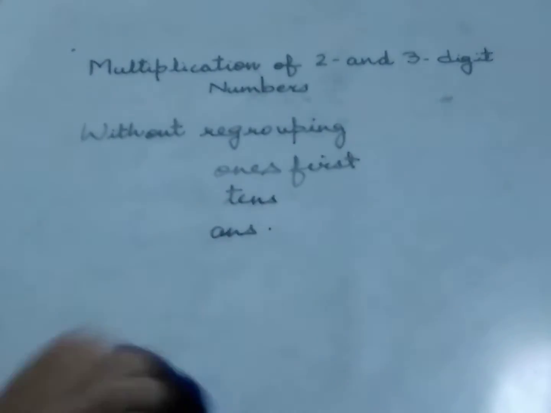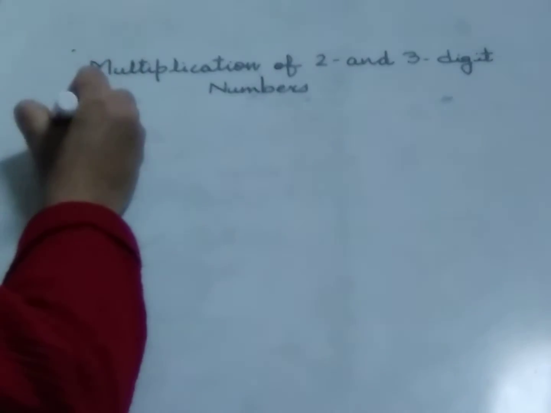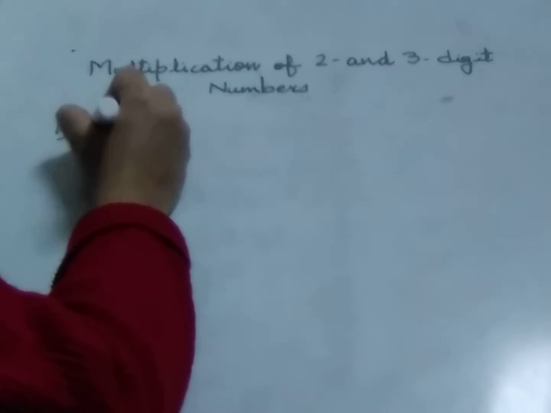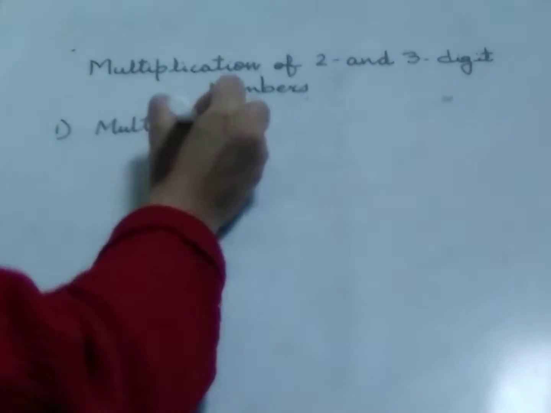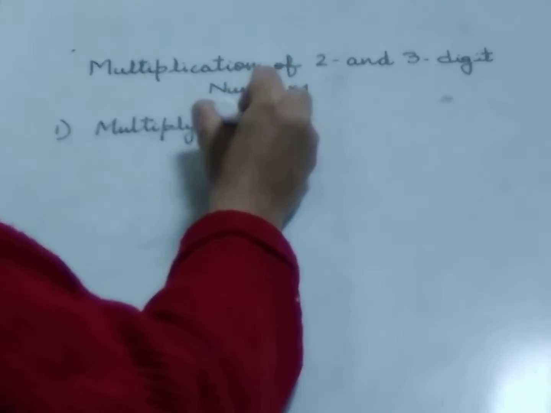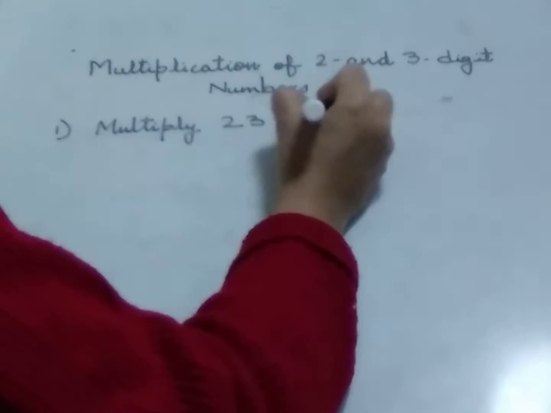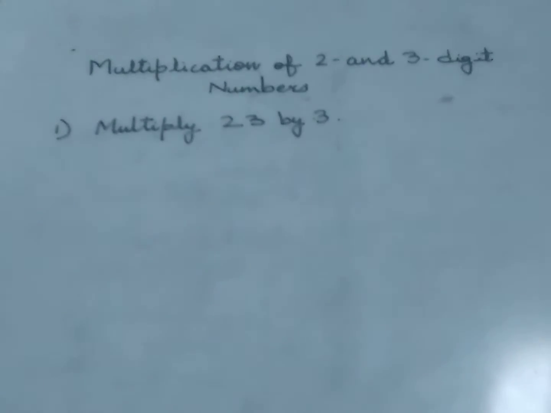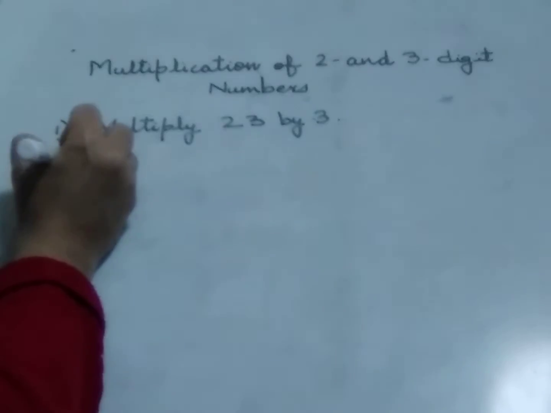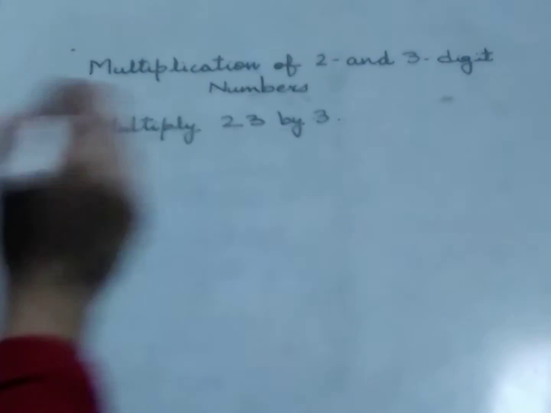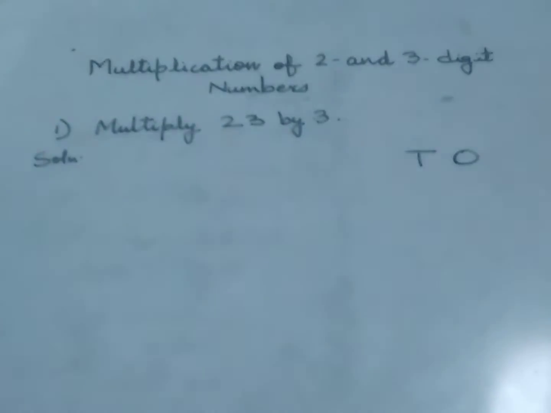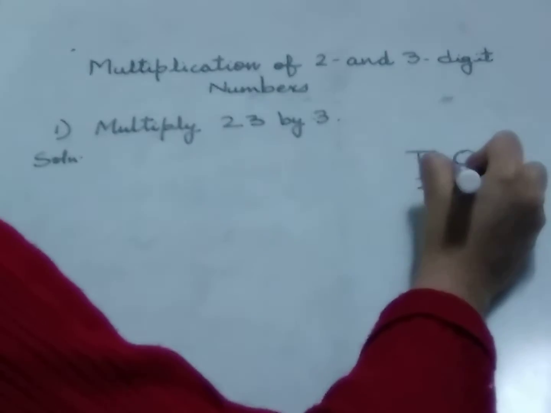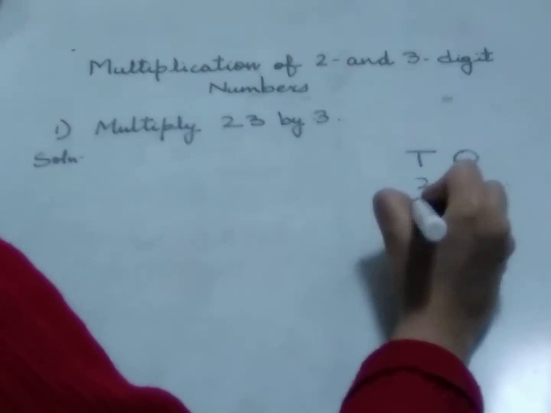For example, multiply 23 by 3. First of all, arrange the numbers in columns. 23 multiplied by 3.